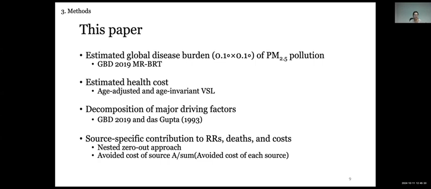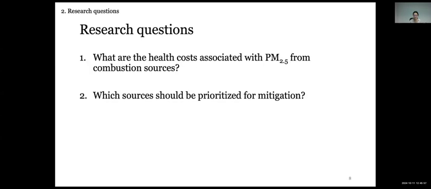Then we further decomposed the major driving factors that affect the variations in health cost per capita across countries to understand which factor played a bigger role. And lastly, we applied a zero-out approach to analyze the source-specific contribution to relative risk, deaths, and health costs.